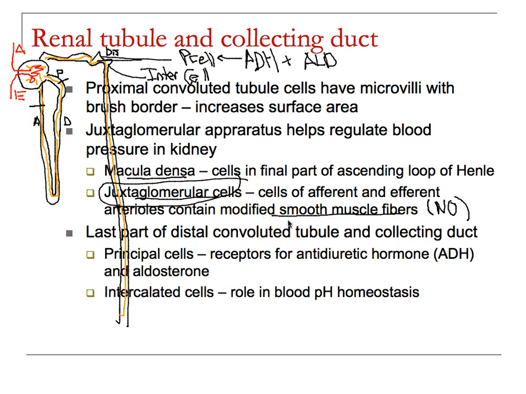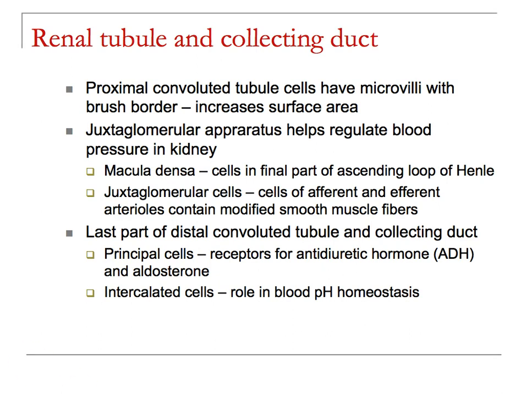So that means increase or decrease the flow rate into the capsule. And if you've increased or decreased the flow rate into the capsule, we also have the distal part of the convoluted tubule and the collecting duct, which has principal cells and intercalated cells that are going to have specific roles for us to pay attention to. Okay, let's get rid of that. Let's move on to the next slide.